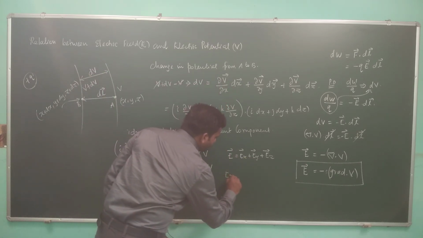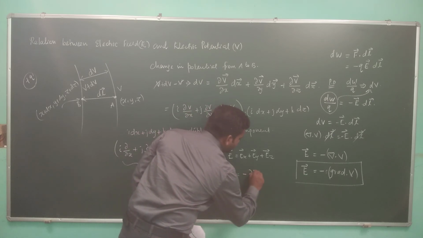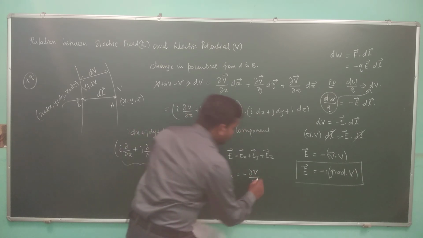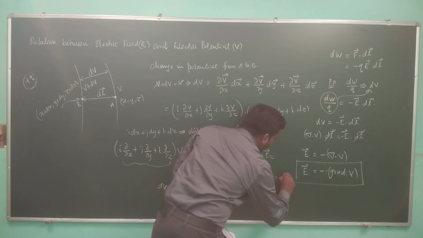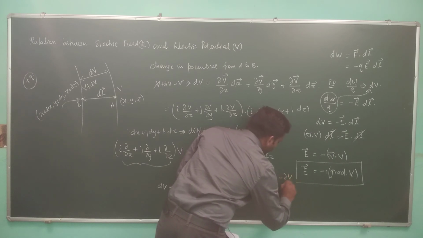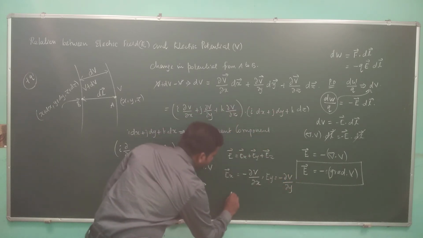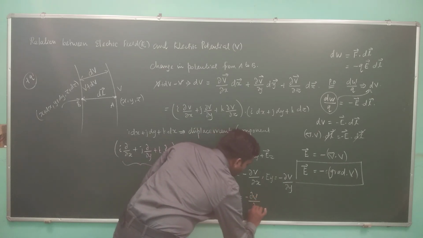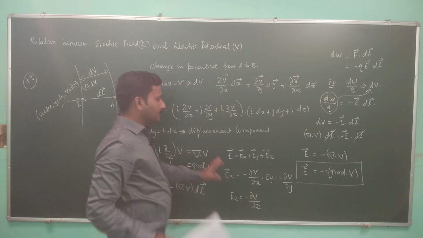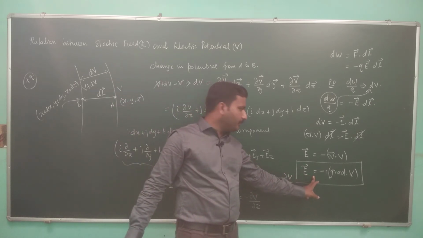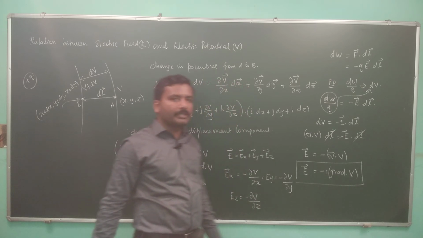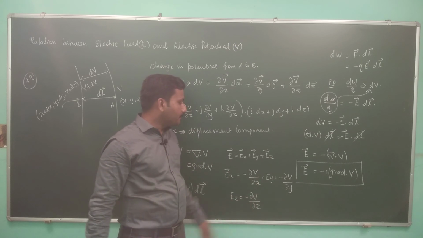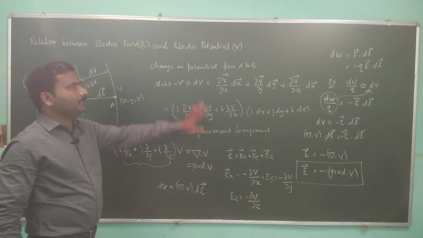So Ex is minus dou V by dou x, Ey will be minus dou V by dou y, and Ez will be minus dou V by dou z. That is, this electric field, which is the negative gradient of potential, is separated for x, y and z components separately.